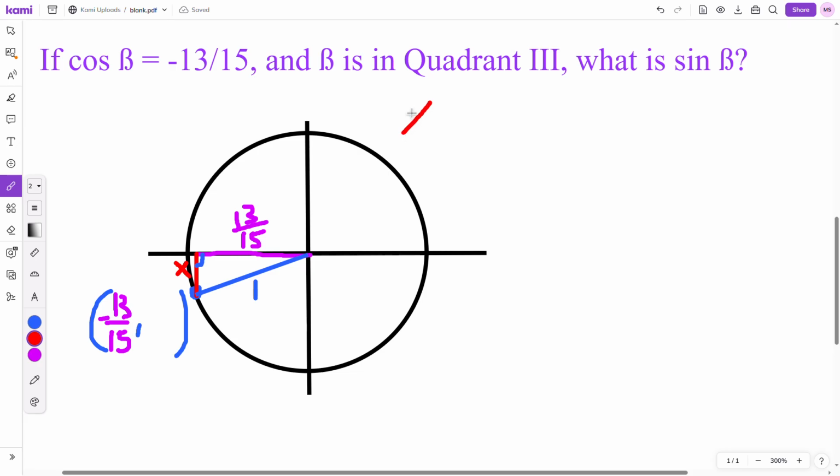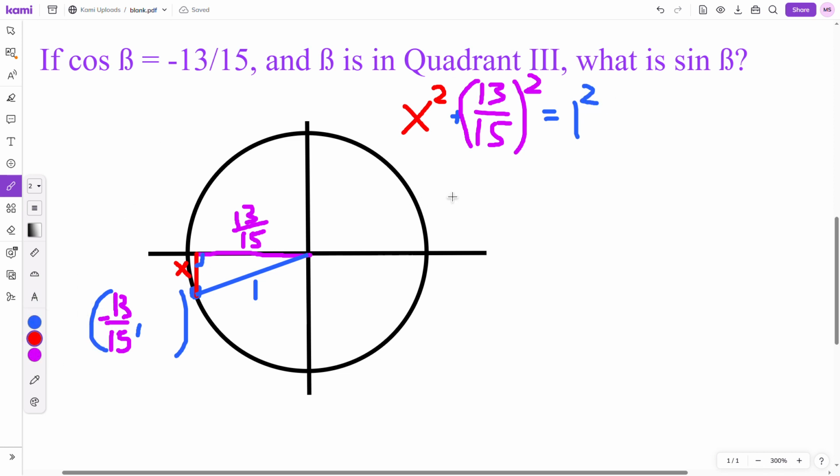Well, x squared plus 13 over 15 squared. Square the whole thing, don't forget numerator and denominator. Equals 1 squared, or just 1 if you will.